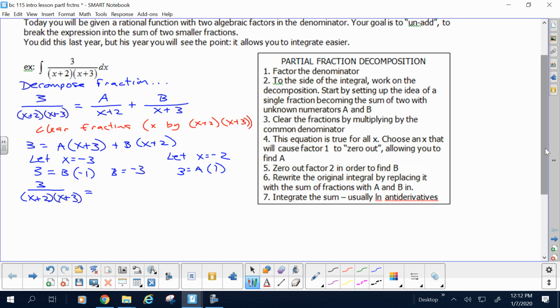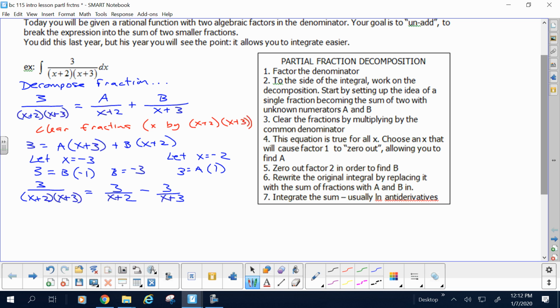We said that 3 over x plus 2 times x plus 3 must have come from 3 over x plus 2, which is what A over x plus 2 is, minus 3 over x plus 3.